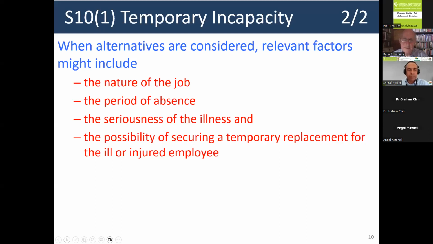Many employers think that because the person is unable to do their job now, that justifies a dismissal. And of course, the Code of Good Practice itself says that it doesn't, and there's many cases of the Labour Appeal Court and the Labour Court and the CCMA and the bargaining councils, which all say that where a person has the possibility or prospect of returning to work when they're recovered, then you put in a temporary replacement for the ill or injured employee.